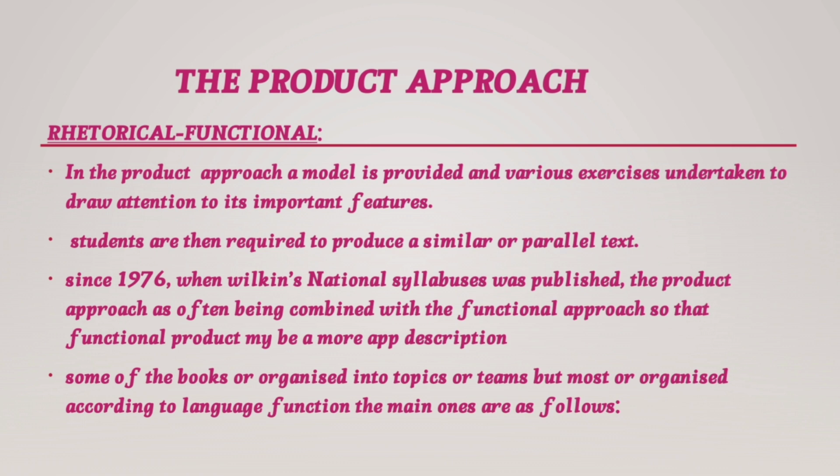If you examine books following a broadly product approach published in Britain in the last 15 years or so, you will find that they all contain practice in some of the main language functions commonly found in academic writing. Some of the books are organized into topics or themes, but most are organized according to language functions.